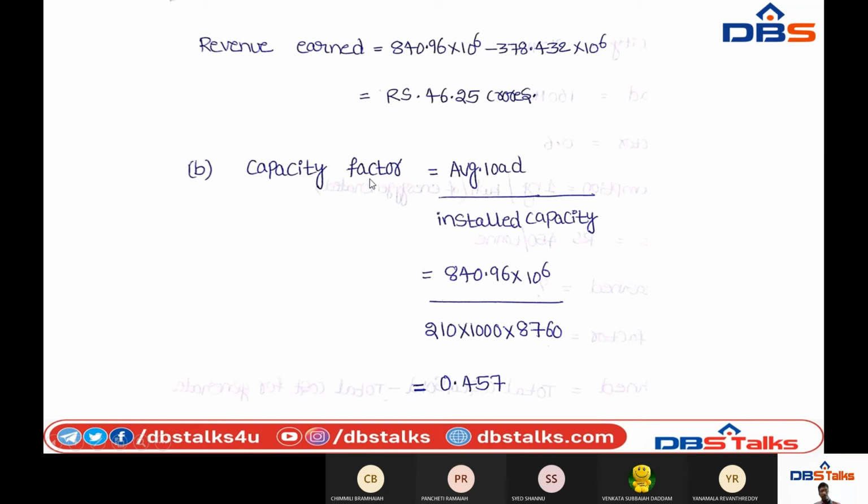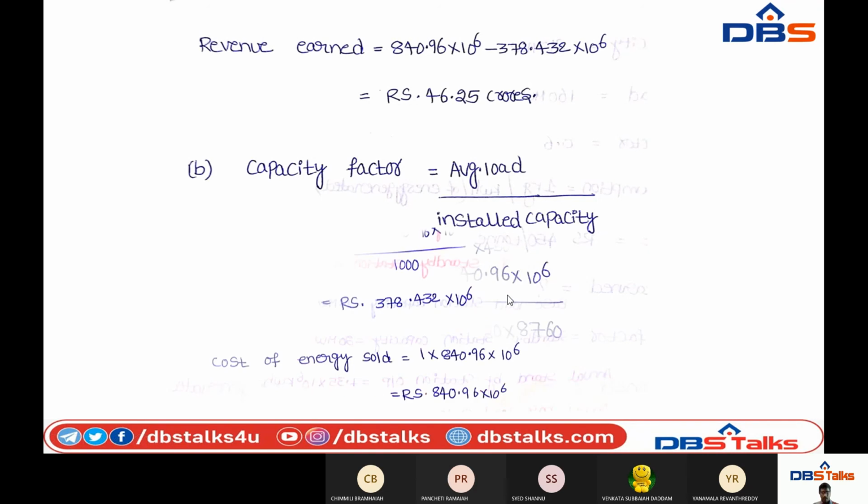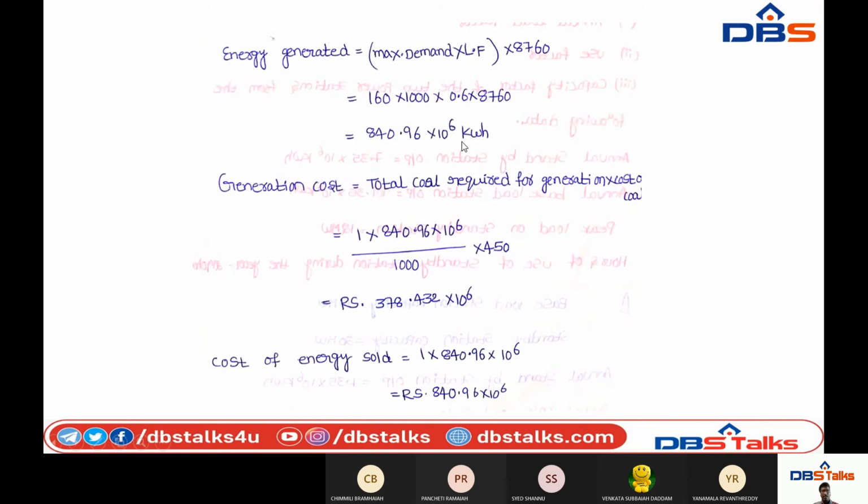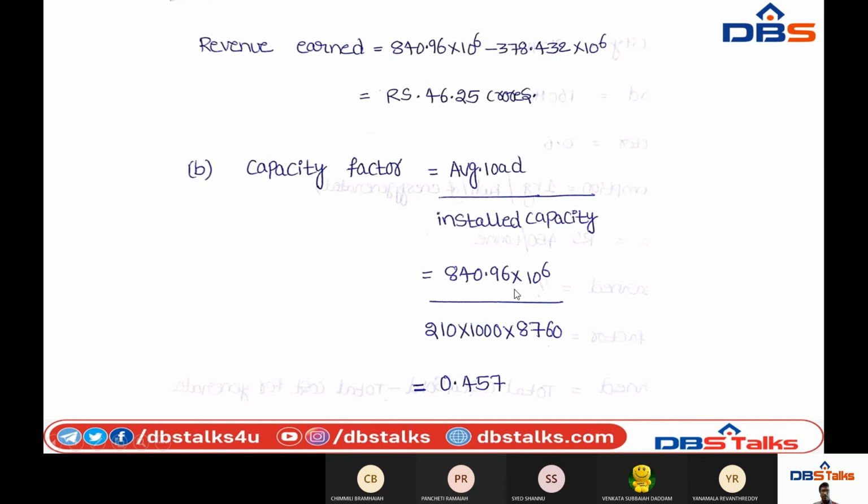After then, capacity factor. We know the relation for finding the capacity factor, which is average load divided by installed capacity. Average load is 840.96 into 10 power 6, that is, energy generated is similar to average load.